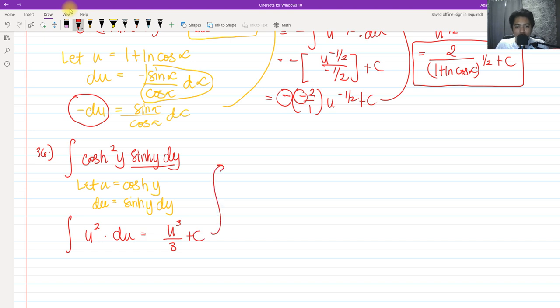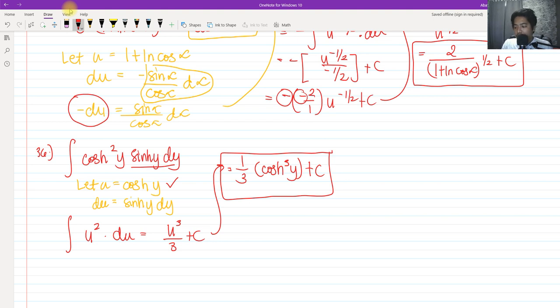Going back to our original variable, the answer is 1/3 hyperbolic cosine cubed of y plus c. That is how simply we solve this given integral. Okay, so that is for our number 6.